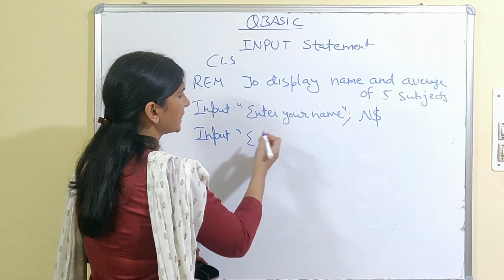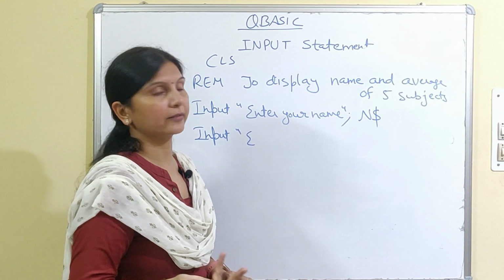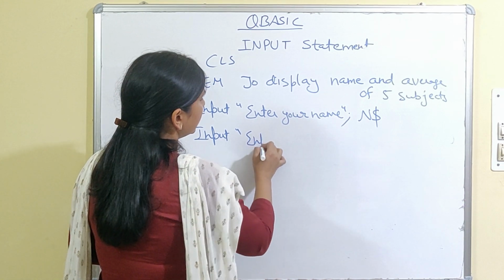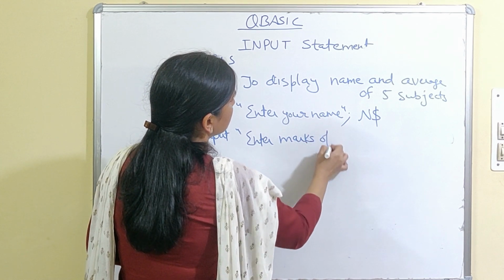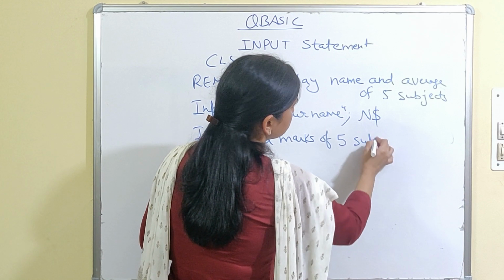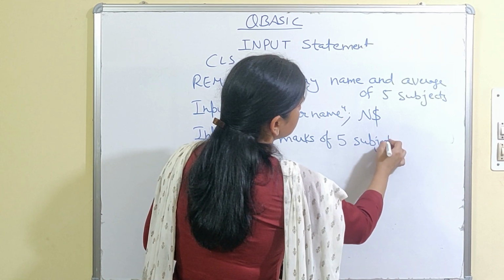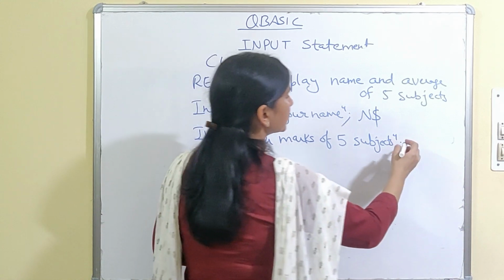Okay, so you can take any subject name if it is not mentioned. If it is mentioned in the question, then you have to take the same. Enter marks of 5 subjects. In short also you can write subject, SUB, doesn't matter.